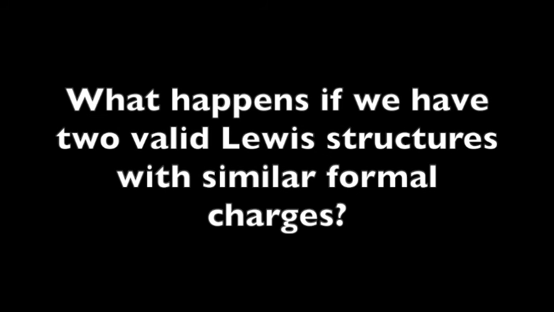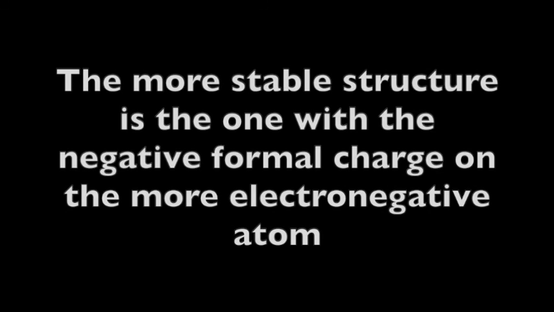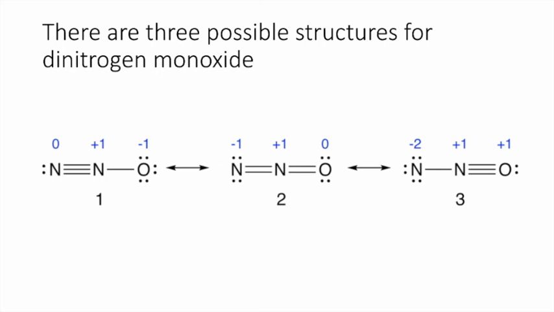So what happens if we have 2 valid Lewis structures with similar formal charges? Well, the more stable structure will be the one with the negative formal charge on the more electronegative atom. Let's take a look at this. Here we have dinitrogen monoxide, and we have 3 possible structures.